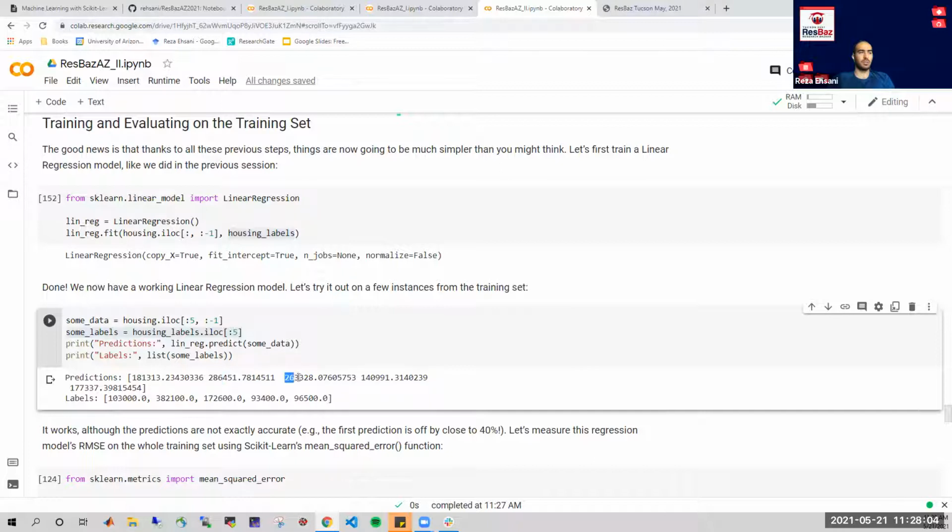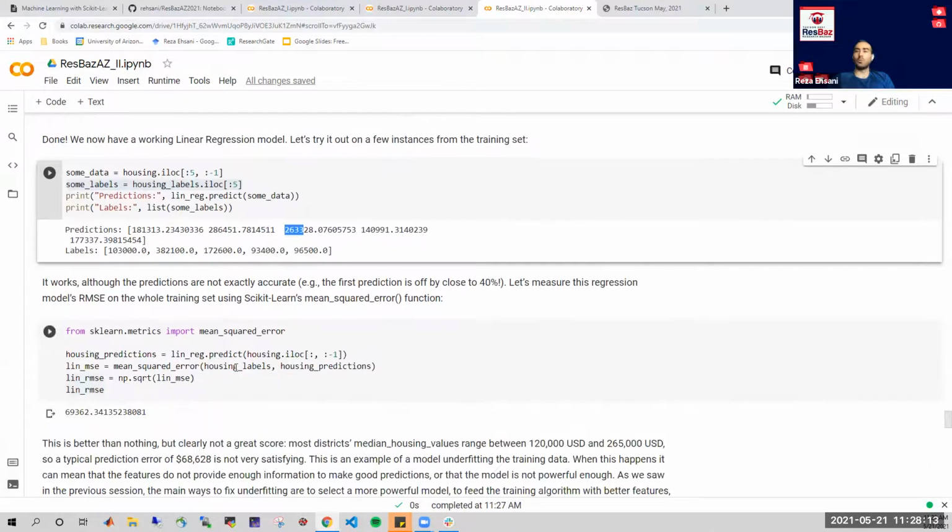For the third one it is 263,000, and the labels that it should have predicted are provided here. We can see that there are some errors in our predictions, but we need to have a picture in our mind of how accurate the predictions of the model are. The predictions are not really accurate, but we should measure this using a metric.